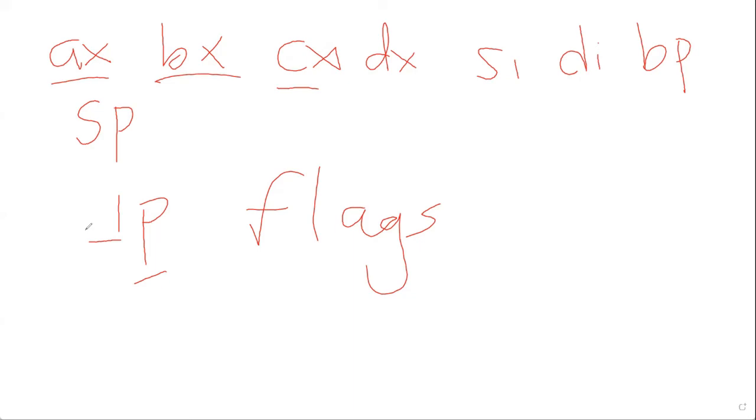Now, what is the third set of registers we know? That's the segment registers. The set is made up of CS. What is CS? Code segment, right.